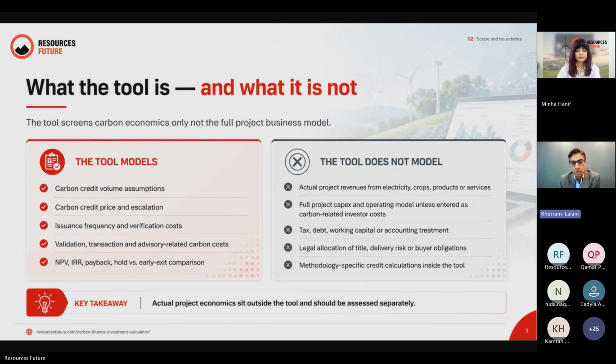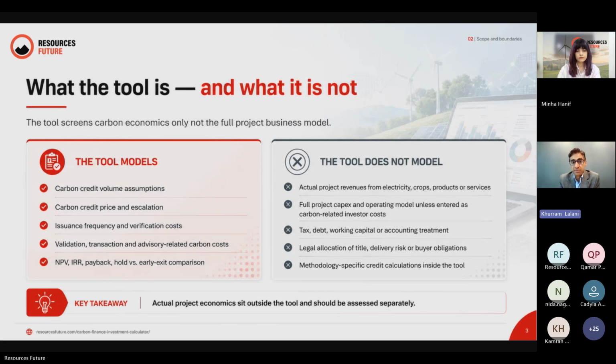What it does not do, and I think this is very important to note, it does not calculate your actual revenues from the project. So for example, if you're doing your FLU project, it will only be able to give you estimates on carbon credits, but not your actual sale of non-carbon revenue. So if your non-carbon revenue is electricity or crops or products or services, that is not what this model is supposed to do.